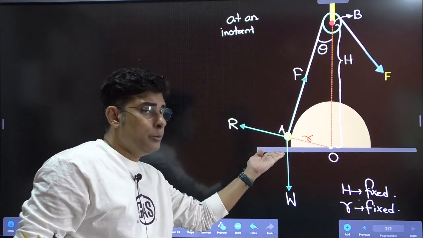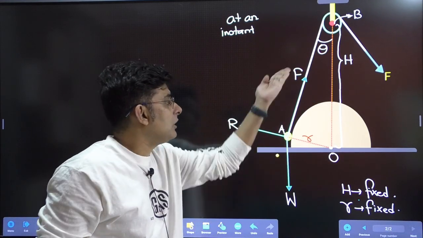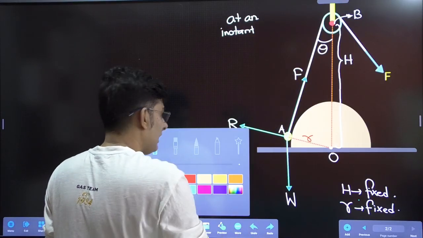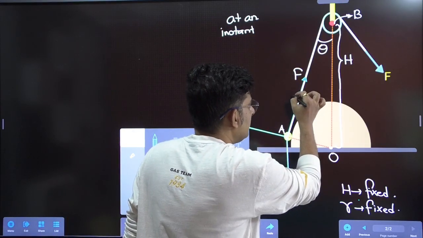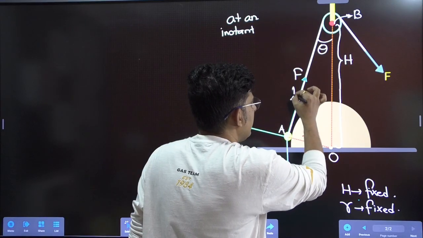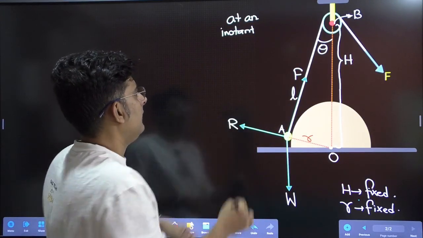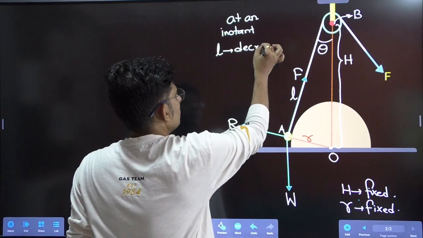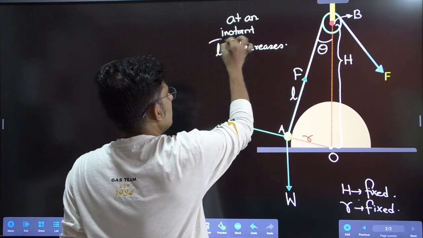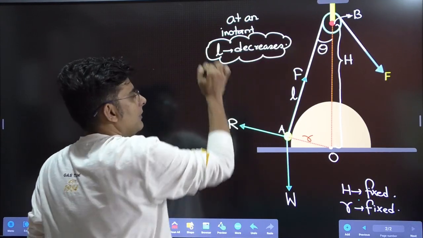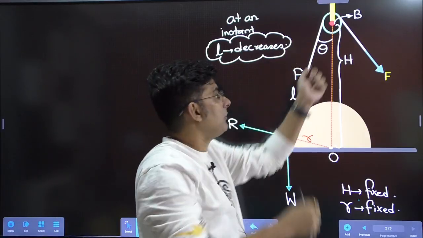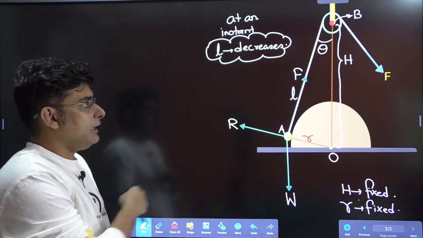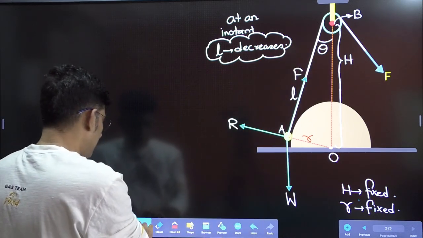Now as the ball moves from the bottom to the top of the hemisphere, if I take this length as L, this length L decreases. As the ball goes up, this length will become shorter and shorter. So this angle theta I said is variable.